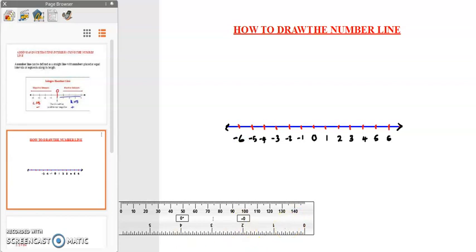Remember that 0 falls in the center of the number line. Right here we have our 0. Over the right hand side, RHS, we have positive numbers.